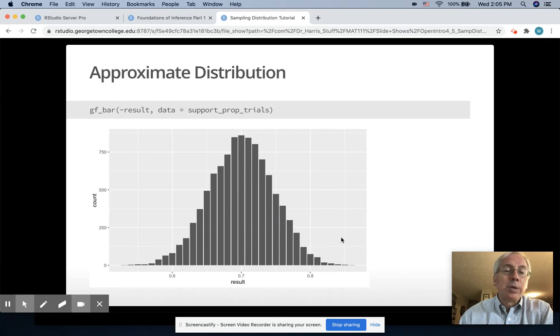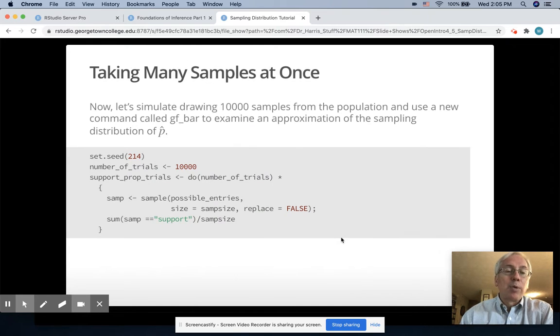But just to show you, if I go back real briefly, I set a random seed here. I took value 214. What that does is if I use the same number in this spot, each time I would get the same set of samples. And if I change it, I would get a different density plot.